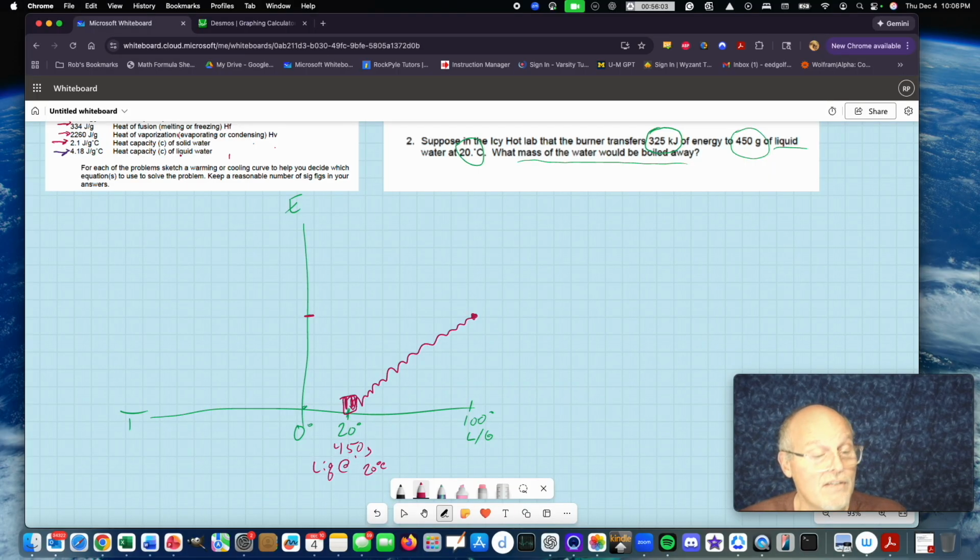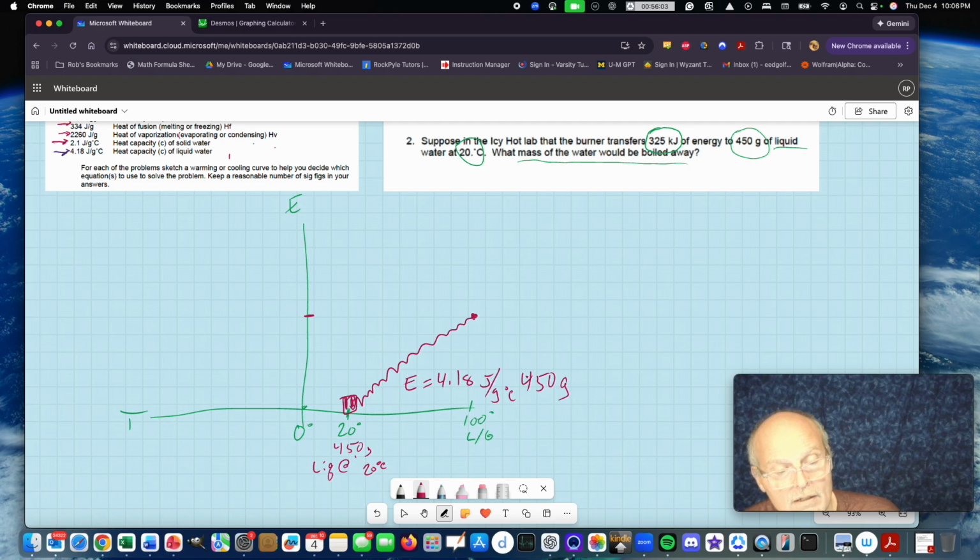So because it's liquid water, I'm going to use the heat capacity of liquid water. So the energy is going to be 4.18 joules per gram degrees C times the grams, which is 450 grams, times the degrees C from 20 to 100 is 80.